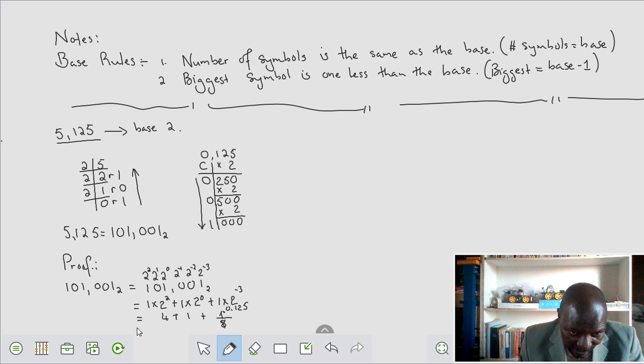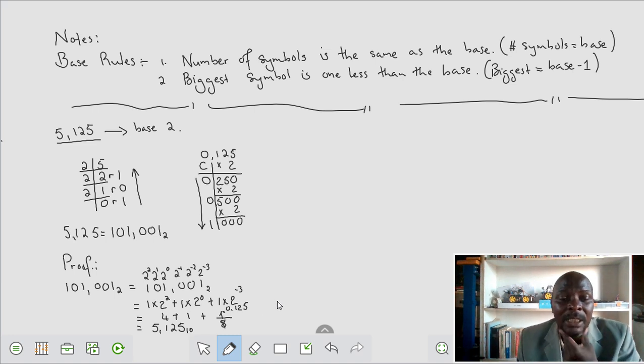So our answer therefore is clearly 4 plus 1, 5, plus that fraction part 1, 2, 5. Like, all right, so I hope this is clear.